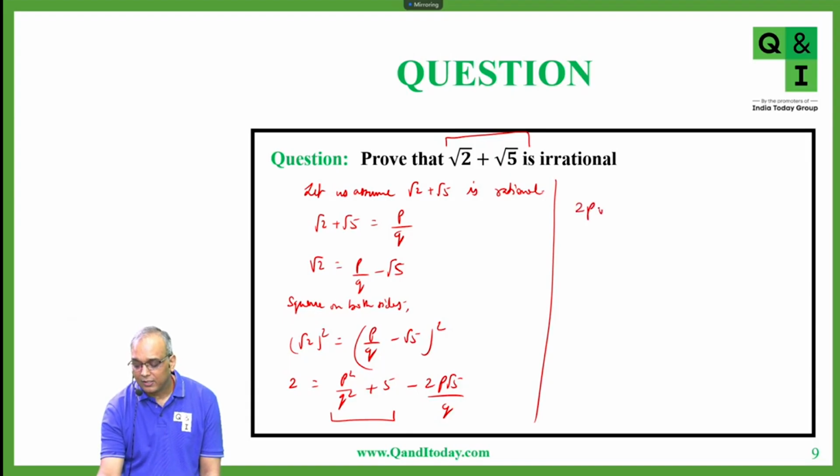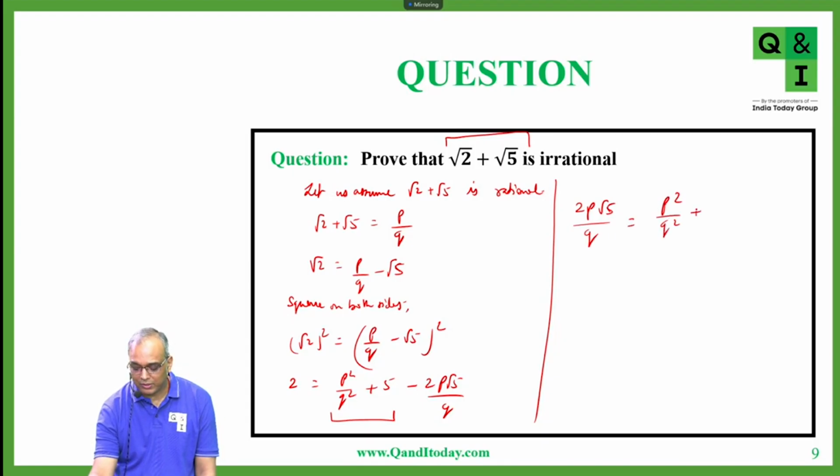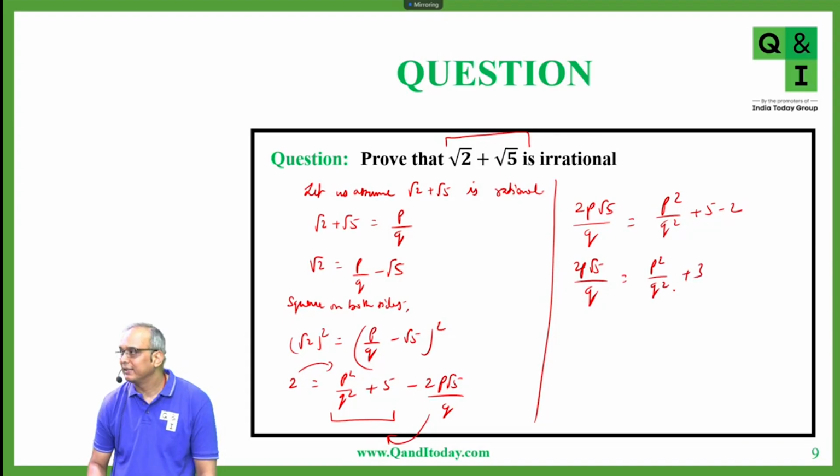So we'll have 2P root 5 over Q is equal to P square over Q square plus 5 minus 2. So we will have 2P root 5 over Q is equal to P square by Q square plus 3.